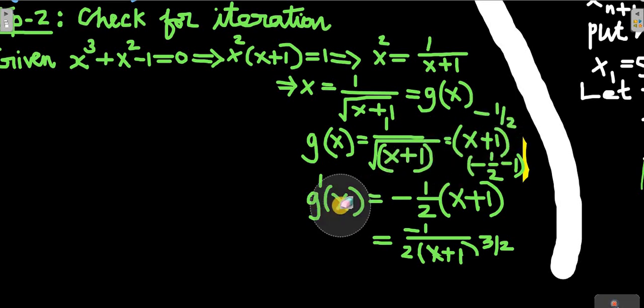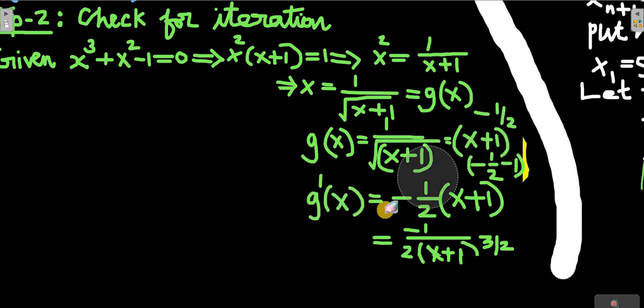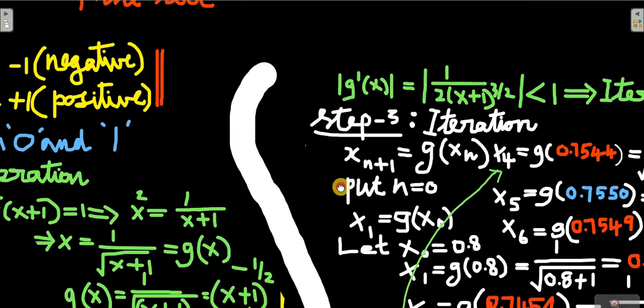Now differentiating this by using the formula, we will get n, that is minus 1 by 2 x plus 1 to the power n minus 1, and if you simplify that, minus 1 by 2 will come down. You bring this to the power x plus 1 to the power minus 3 by 2, bring denominator, you will get this. Okay, yes.